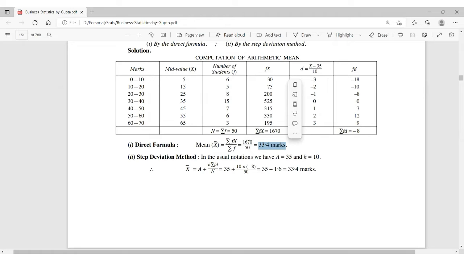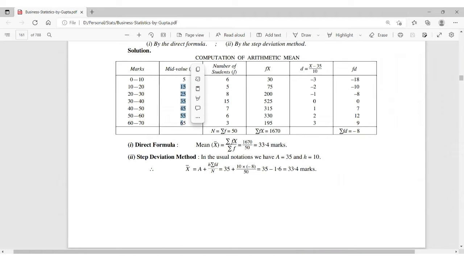For the continuous series, we always use the step deviation method. Let's start. In the step deviation method, first of all we find the mid values, that is the midpoints.